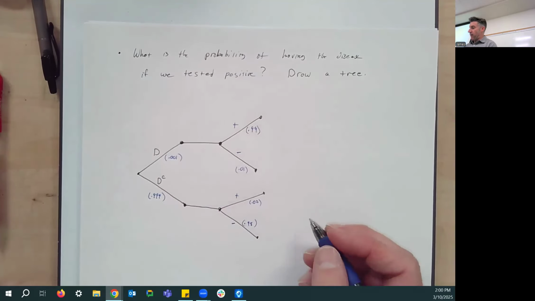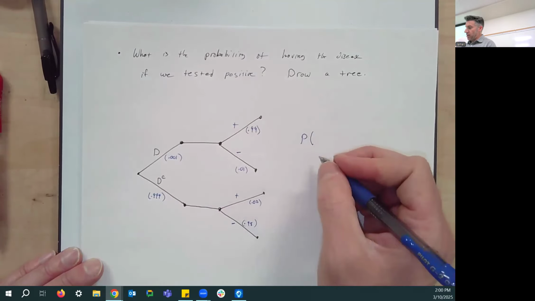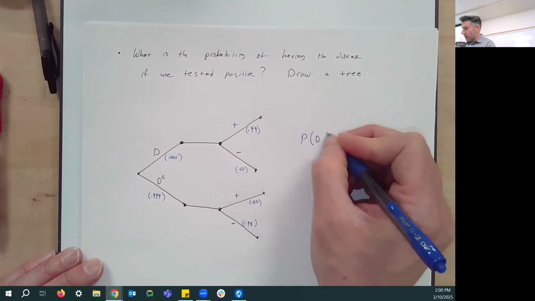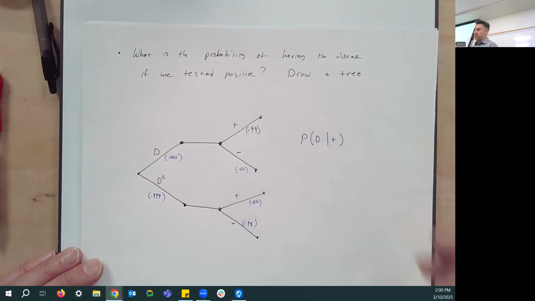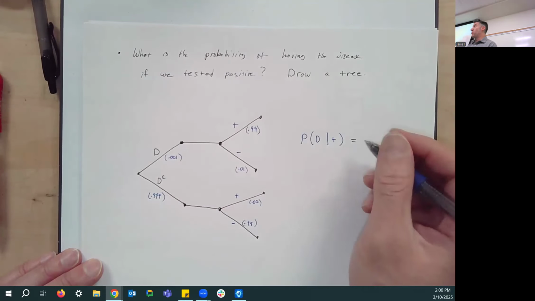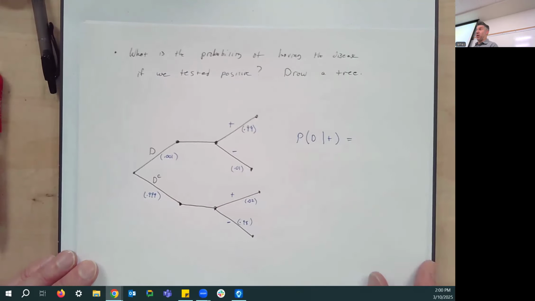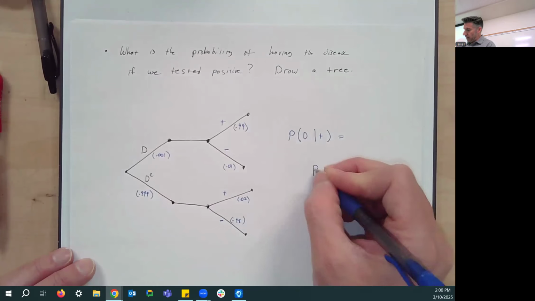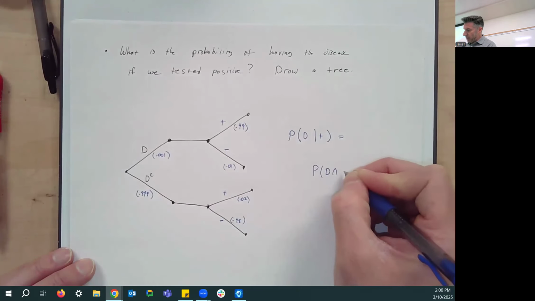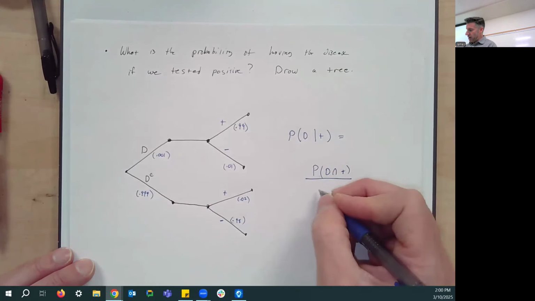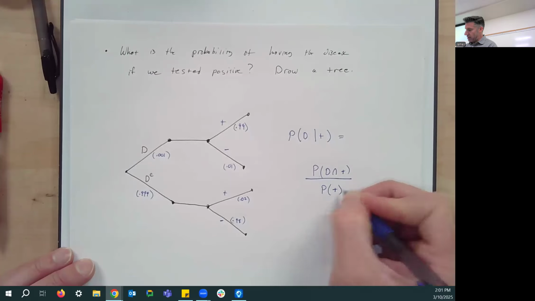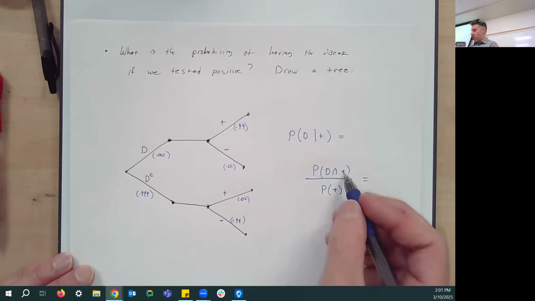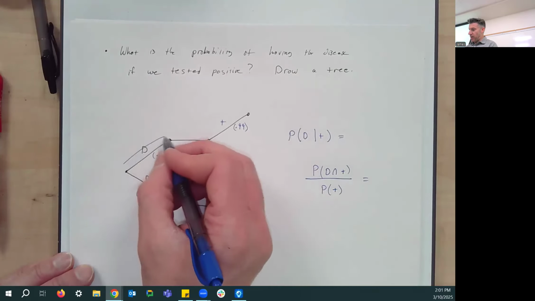So then if we're trying to find the probability of having the disease given a positive test, again, I do think writing this first formulaic part is necessary. It's the probability of disease and positive test divided by the probability of having a positive test. And that's going to be all the ways you get that, which is just this pathway here.